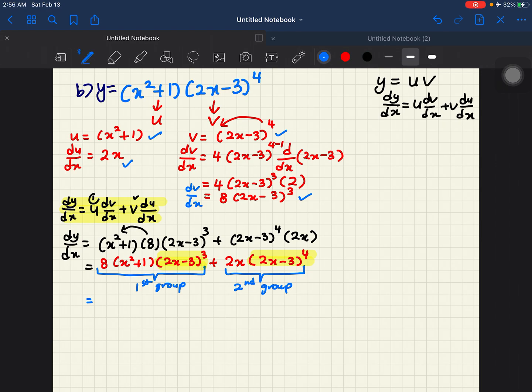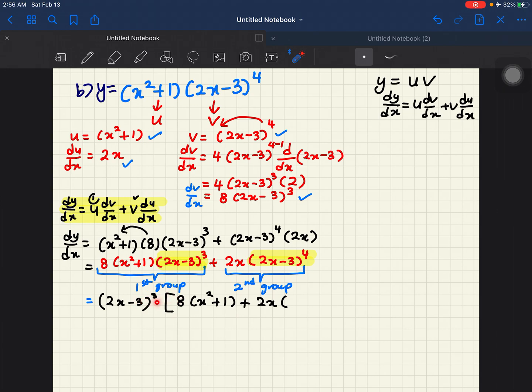So, we are taking this out, or we say that we factorize it. We take the smallest power to be outside. And then what we have in the first group left is 8 times (x squared plus 1), and 2x. And another one is (2x minus 3) to the power of 4. How much is left?